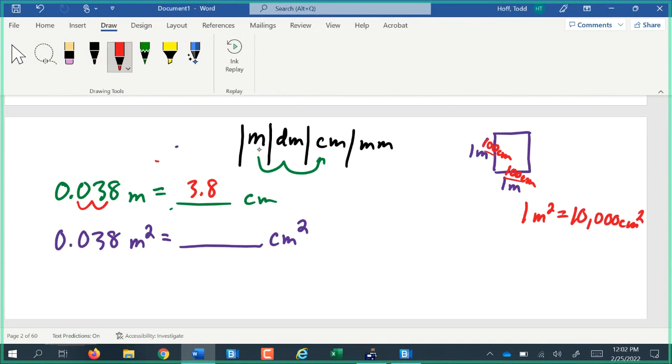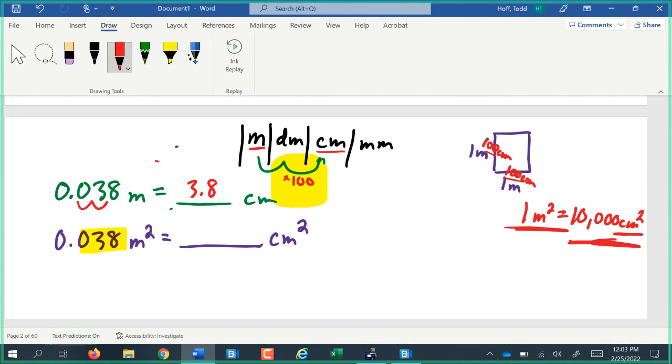So even though meters to centimeters is 2 spots on the chart, or multiplying by 100, since this is squared meters and squared centimeters, the conversion factor gets squared. The number itself, like I said, the 3 and the 8, they don't get squared. It's simply the conversion factor. So we're converting by multiplying by 100. 100 squared is 10,000.